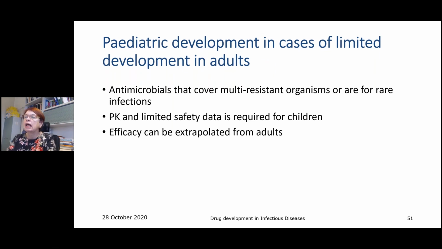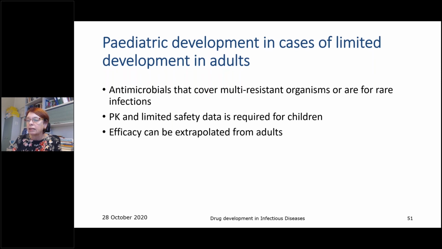So then there is another area which is increasingly becoming more important: pediatric development in cases of limited development in adults. Although multi-resistance is increasing, there are some multi-resistant organisms that fortunately are extremely rare.